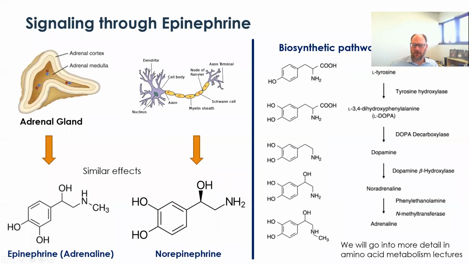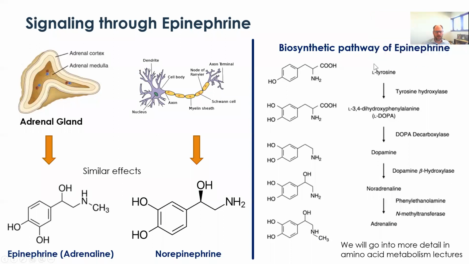Signals can also be transmitted by mechanisms that act onto the protein phosphatases and kinases that we've talked about previously. One example is epinephrine or norepinephrine. They're very similar molecules.